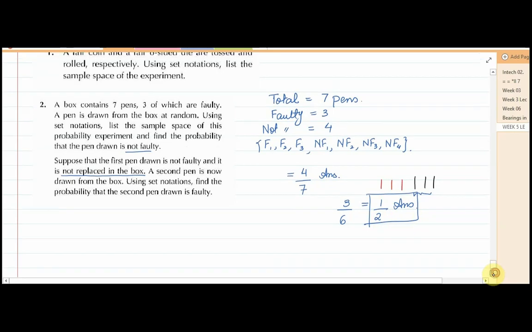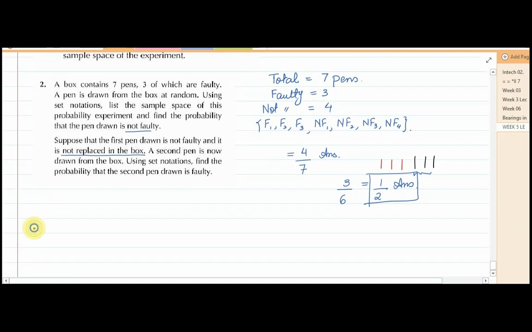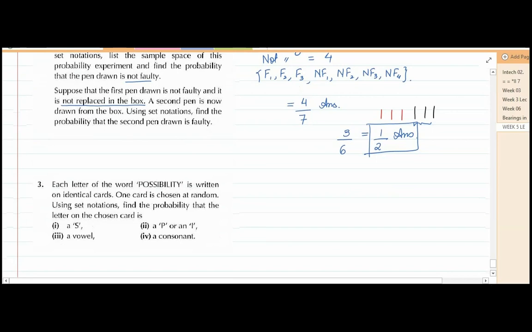It's question number 3, and the question says, each letter of the word possibility is written on identical cards. One card is chosen at random. Using set notations, find the probability that the letter on the chosen card is S. Okay, so first thing, what we have done, we have made cards: P O S S I B I L I T Y, right?